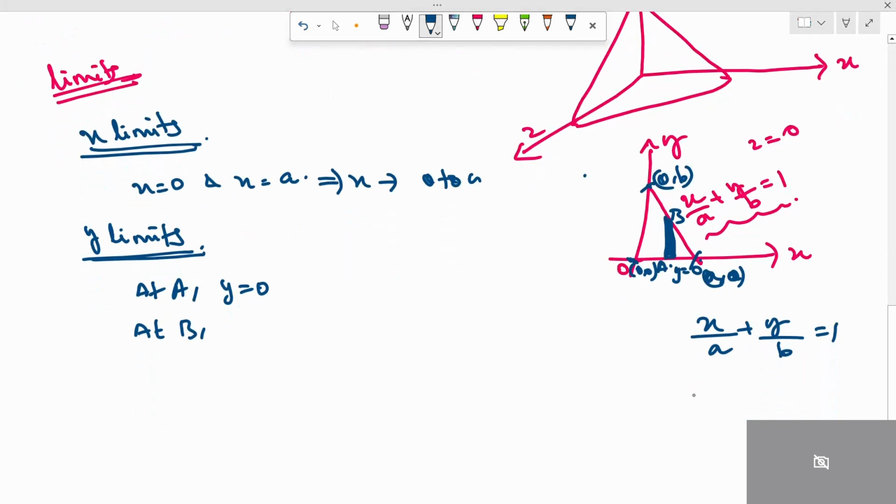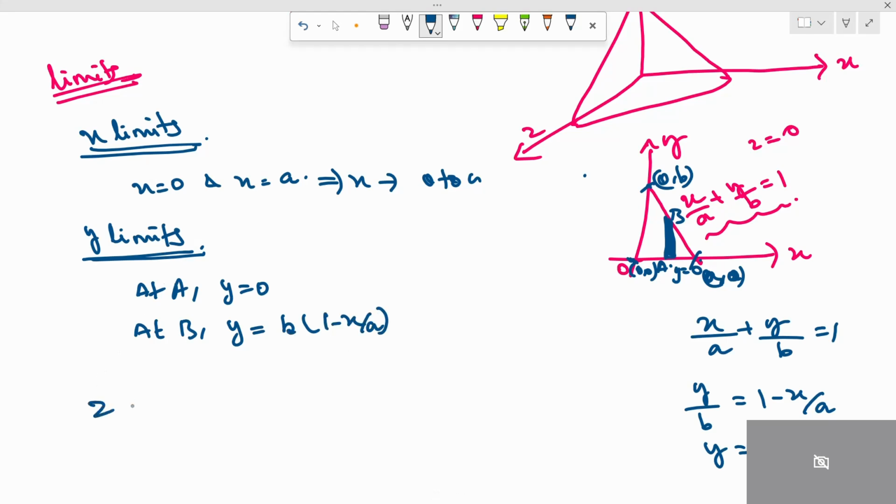From this we are going to write the y value. Y by b equal to 1 minus x by a, therefore y is equal to b into 1 minus x by a.